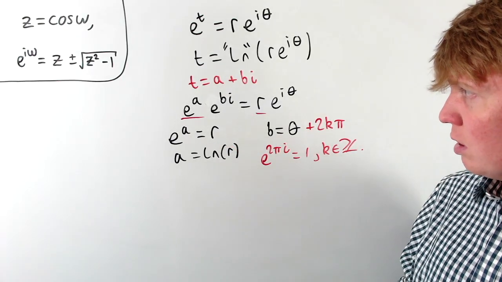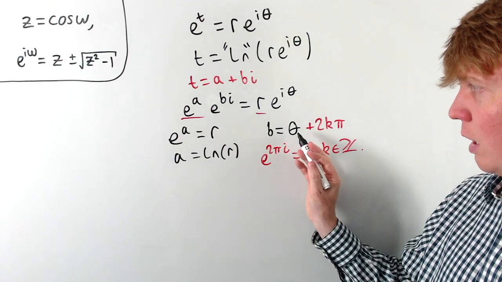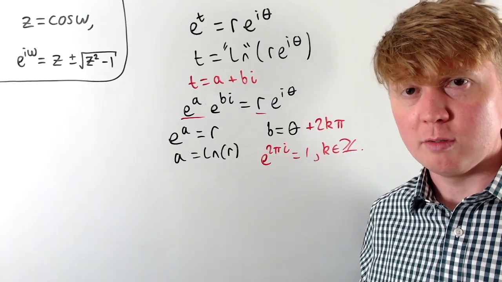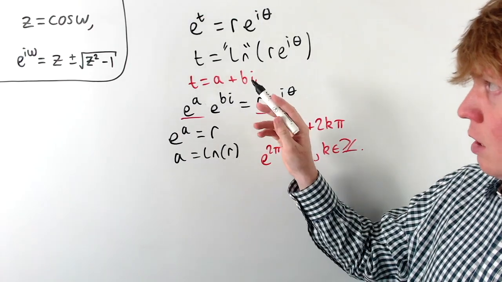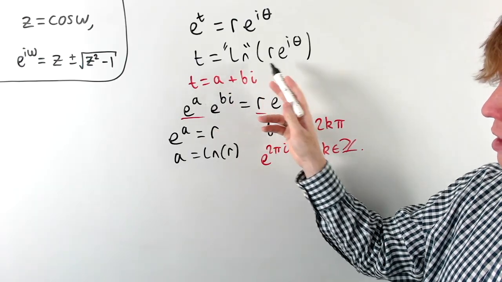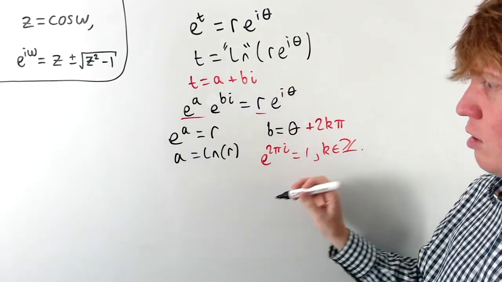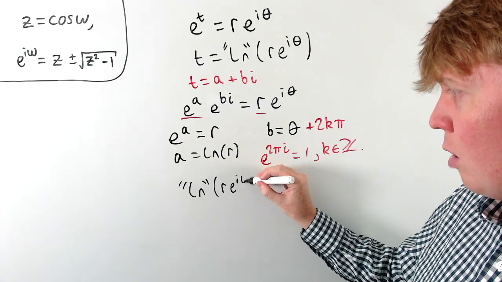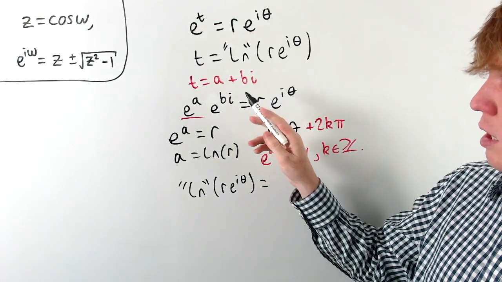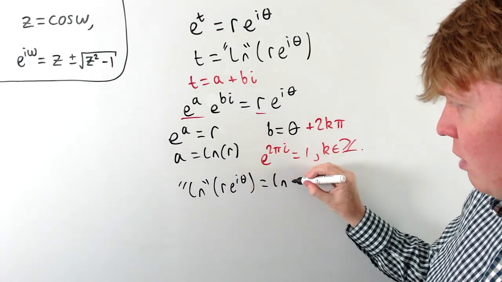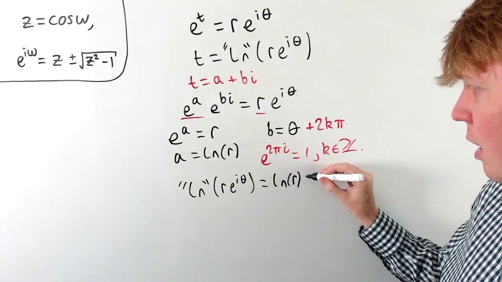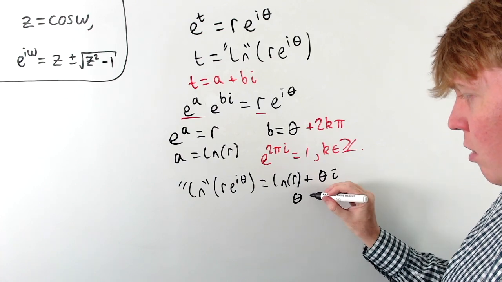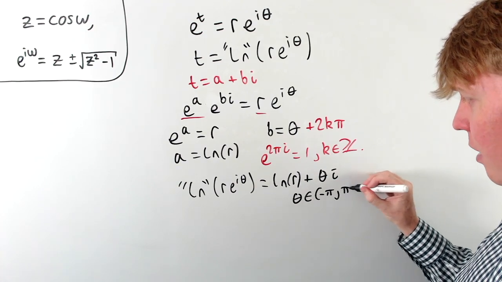But how we would actually define this would be, we would use this value of theta between negative pi and pi, and we'd call this our principal branch of the logarithm function. So let's write this out a bit more formally now. We've got t is this natural logarithm of r e to the i theta, so we're saying that our attempt at getting a natural logarithm of this complex number has given us t, which is this a plus bi, so we've got the natural logarithm of the real number r, and then we've got plus just theta times i, and here we really want theta to be between negative pi and pi.